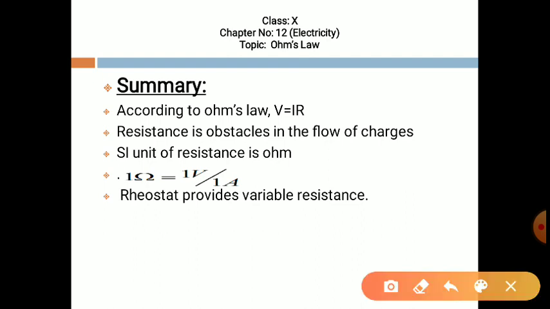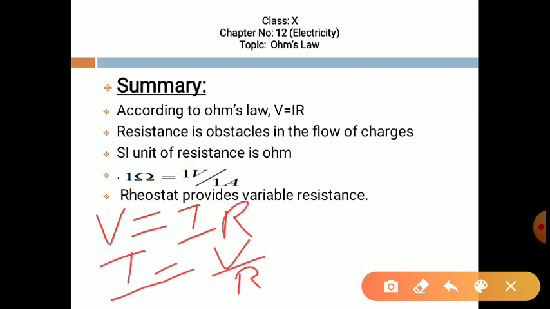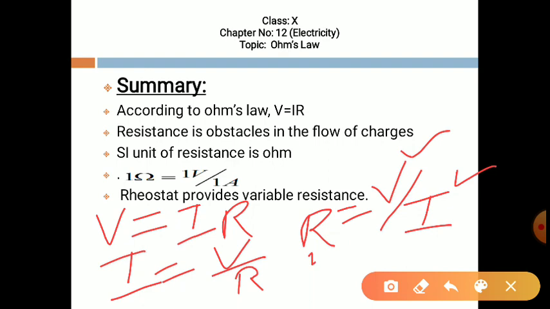So once again, V is equal to IR, I is equal to V divided by R, and R is equal to V divided by I, where V is voltage, I is current, R is resistance.